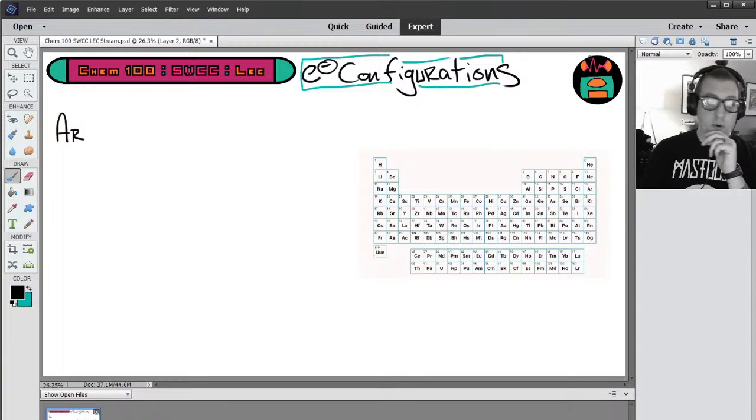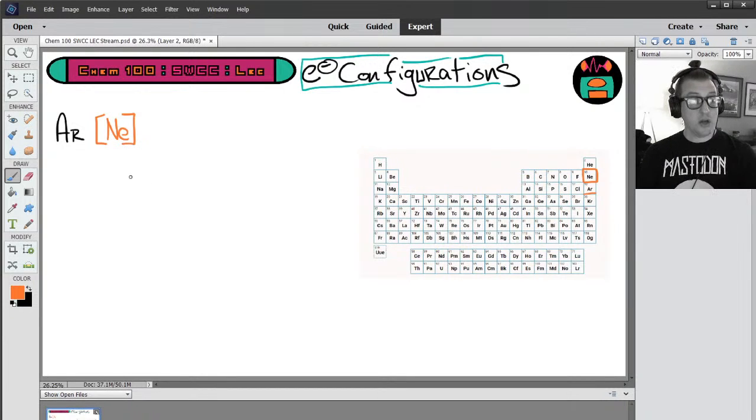Argon is right here. Its nearest noble gas with fewer electrons is neon. So argon's electron configuration starts with neon in a bracket because it has all the electrons of neon plus some additional.